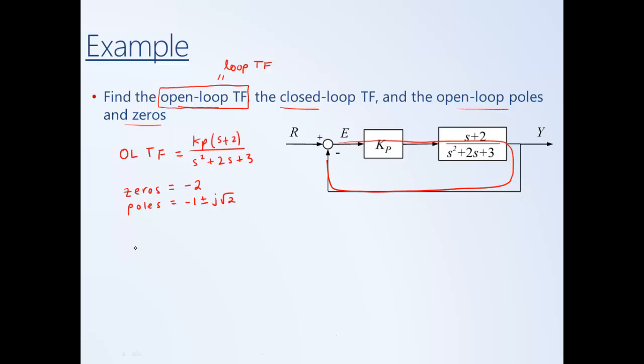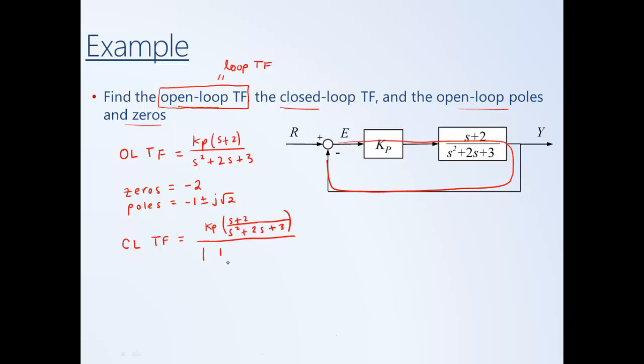We also want to find the closed loop transfer function, which, since we have a negative feedback system, just has the form forward over 1 plus loop, where the forward path and the loop are exactly the same: Kp times the quantity s plus 2 divided by the quantity s squared plus 2s plus 3.